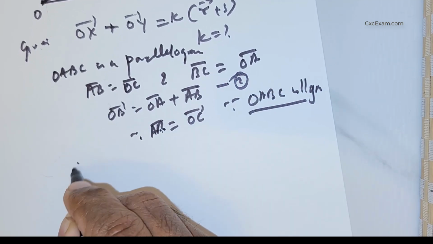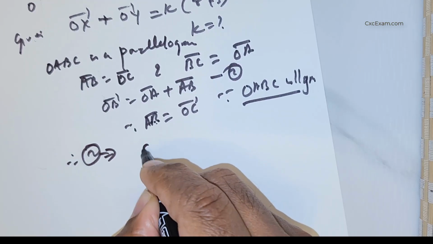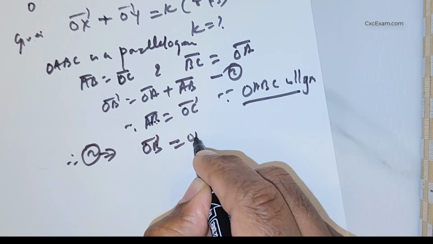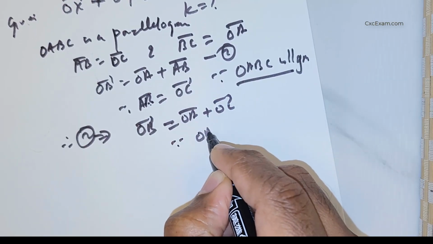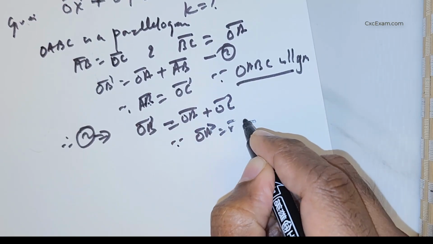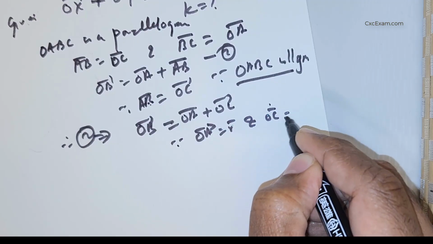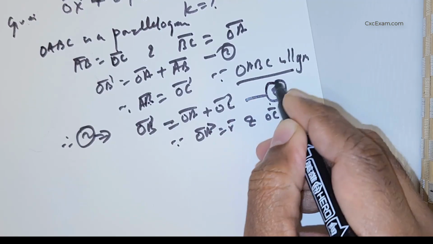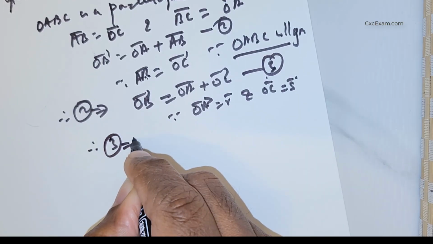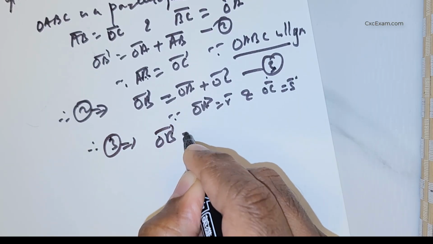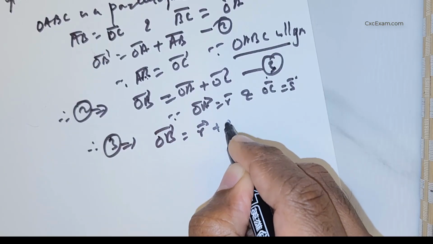So if I take this as 2, it is rewritten as OB vector is equal to OA vector plus OC vector. Now OA vector is equal to R vector and OC vector is equal to S vector. So if I take this as 3, OB vector is equal to R vector plus S vector.